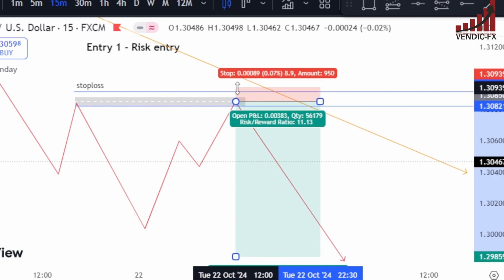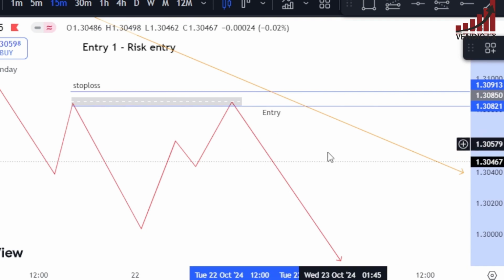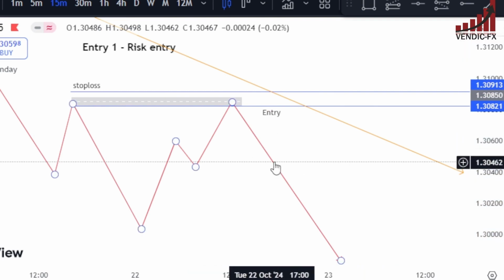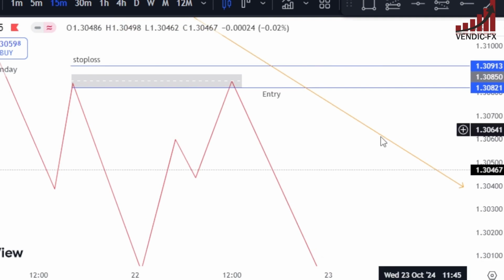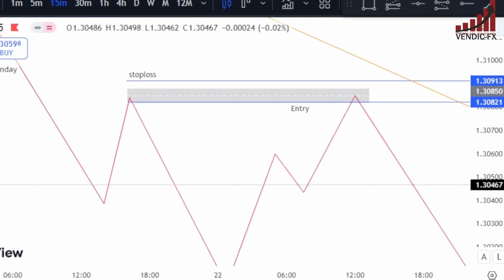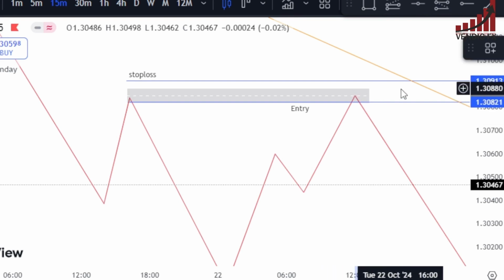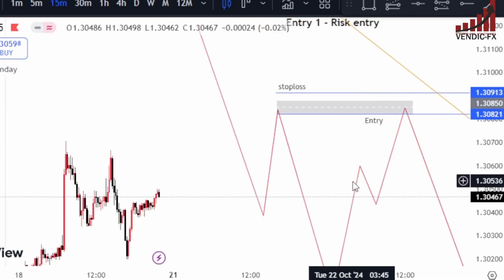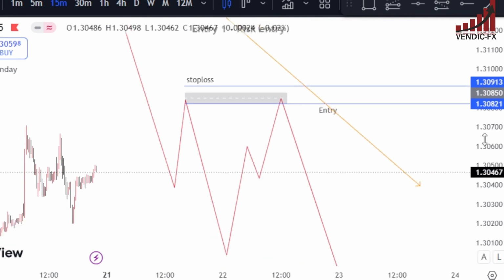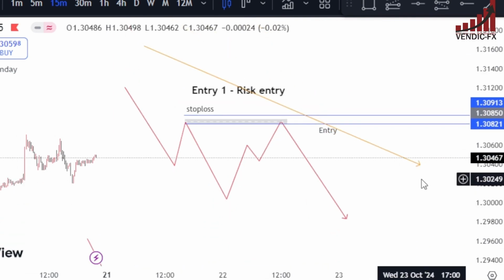Maybe you keep your stop loss above the trend. This is the kind of entry I call a very risky entry, because you've not yet confirmed the direction of the market. That's why this one is a risk entry. You are just sure of the trend.